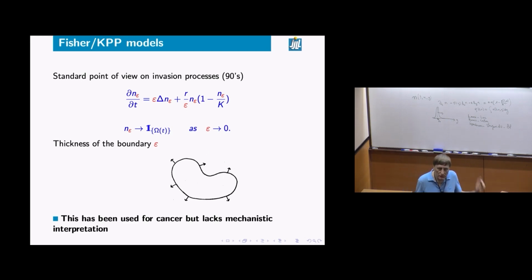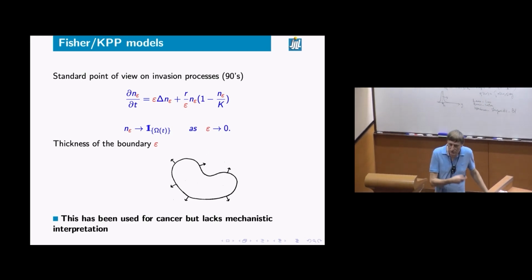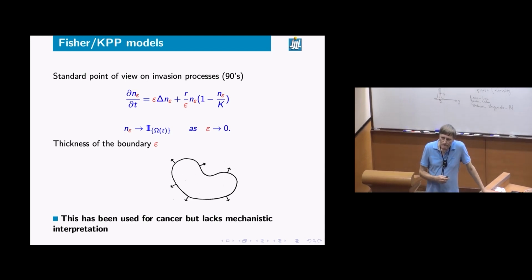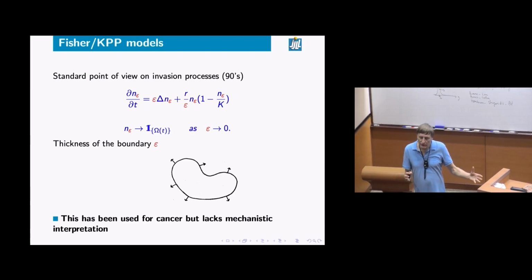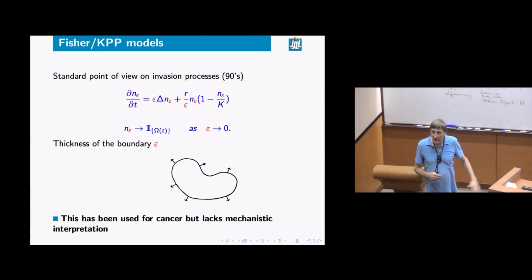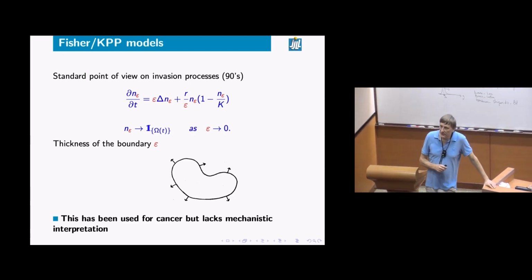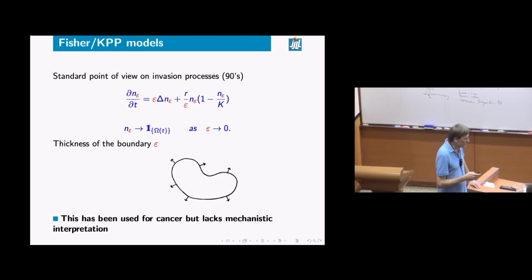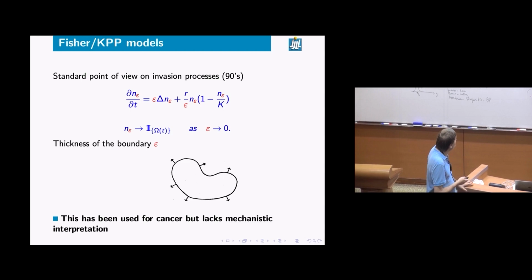So this is a very good approximation of what you observe. You don't need a boundary condition to explain these propagating fronts. Of course, this is limited in time because every experiment is limited in time, but this is reasonable.